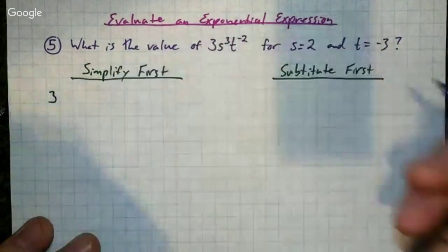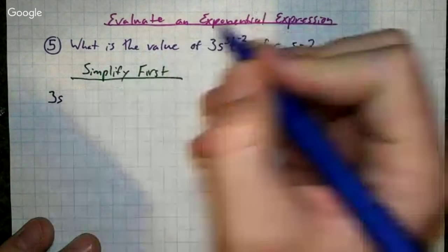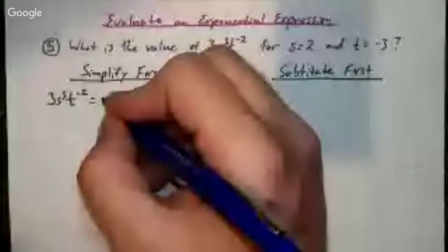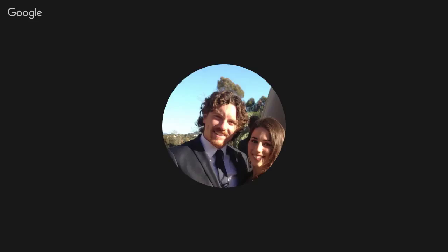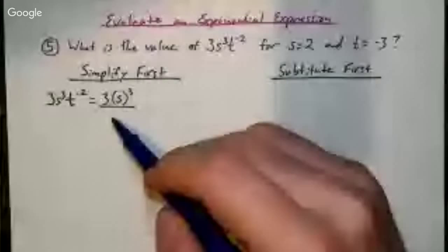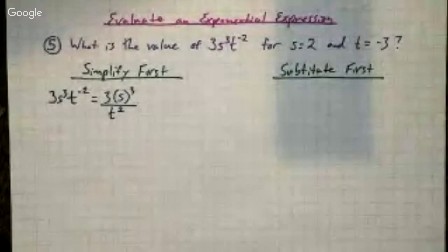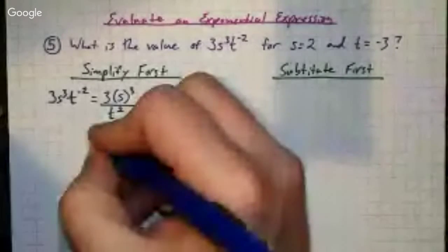We write out our initial expression, 3 s to the power of 3 t to the power of negative 2, which would become 3 s to the power of 3. The t would then become our denominator, t to the power of positive 2. Now that we've simplified, we simply plug in.